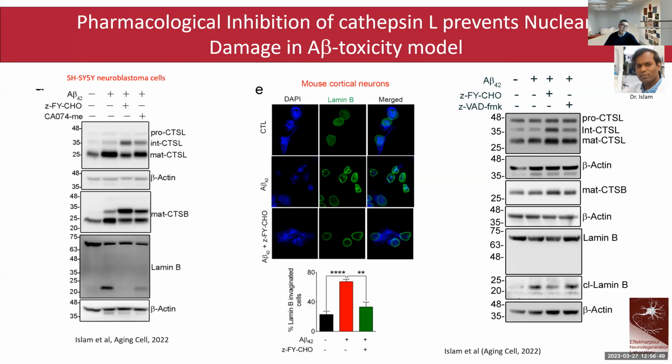Z-FY-CHO, we use that one, but we also have used genetic inhibitors. We use MEF cells lacking cathepsin L, and we were able to actually show that cells that did not have cathepsin L were insensitive to amyloid beta.